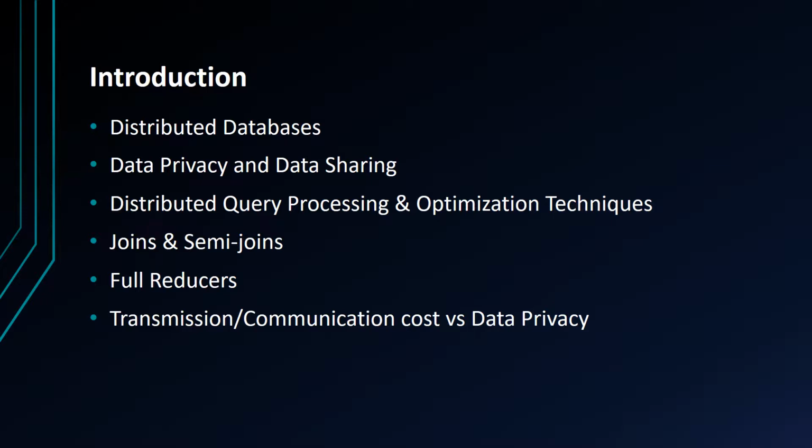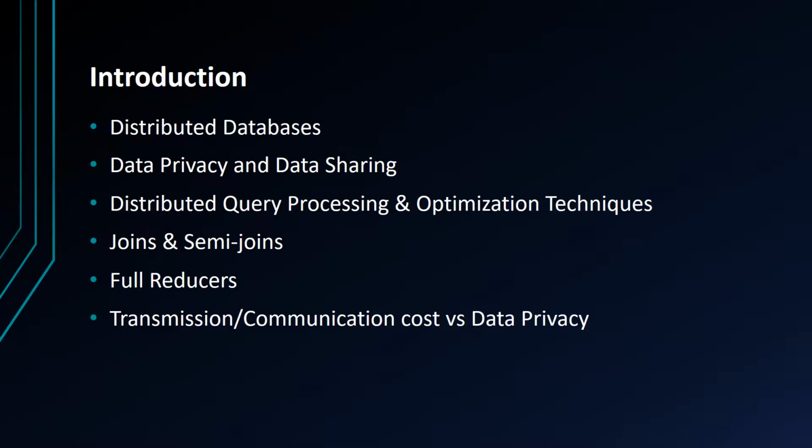The centralized approach is a traditional one where all of the data in the database is situated at a central location, so you get all of the relations in question at just one point, whereas on the other hand we have the distributed database approach where the data is distributed over several sites.